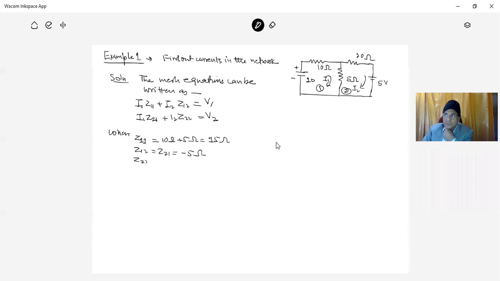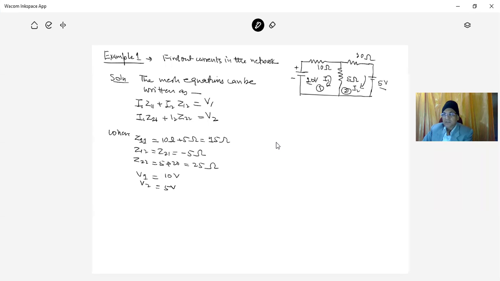And Z22 is 5 plus 20, so this is 25 ohm. V1 is 10 volt and V2 is 5 volt. These are the potentials.